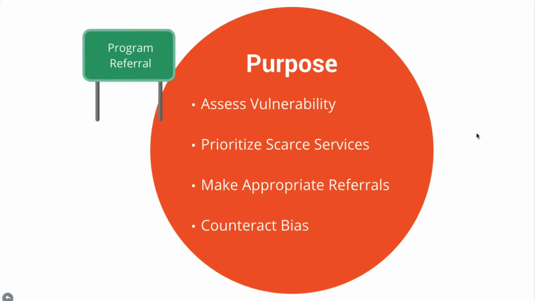So we use that vulnerability to create a by name list, and also use the length of time homeless and someone's living situation, whether outdoors, in a shelter, or in a transitional housing program, to determine who gets services next. This is changing from the traditional way of people waiting quite a long time and then being the next person on the list, to a new way that is more like the emergency room.